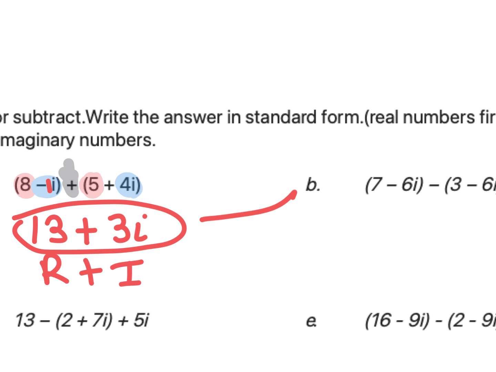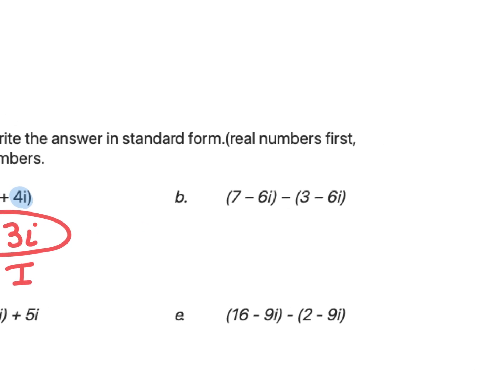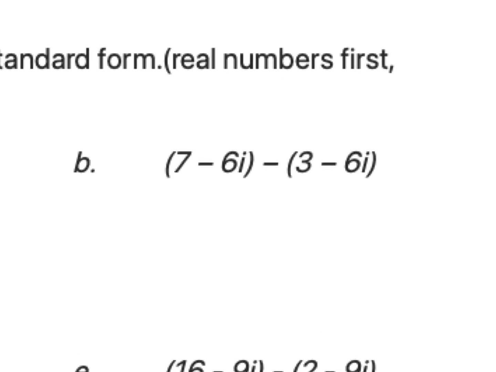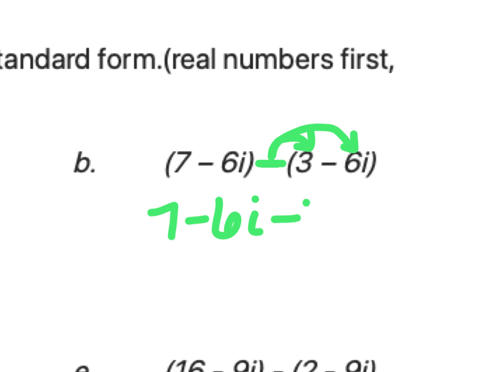Okay? The second one here is a subtraction problem. Again, we have to be careful with subtraction because when we have subtraction here, we have to remember that subtraction gets distributed to both parts that come after it. So that's 7 minus 6i. Nothing happens to that. But if we distribute that negative, we'd have minus 3, and then minus a negative 6i is plus 6i.